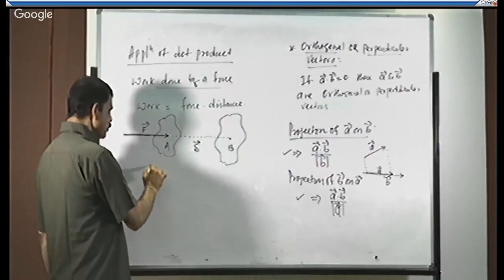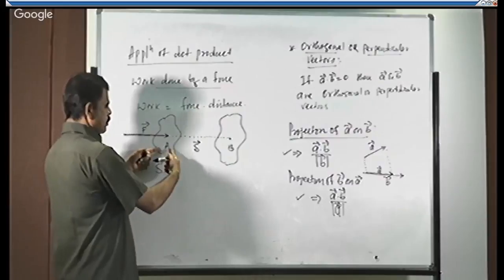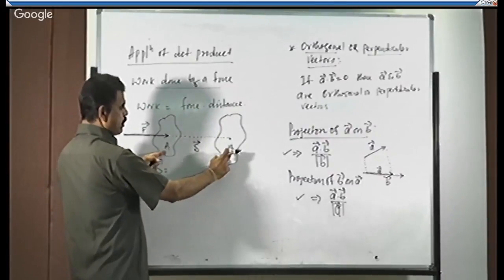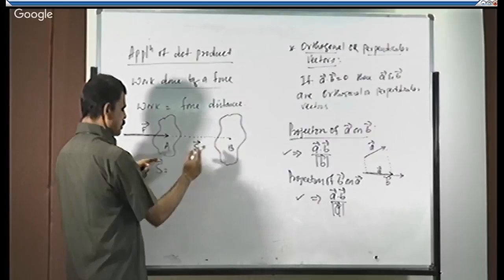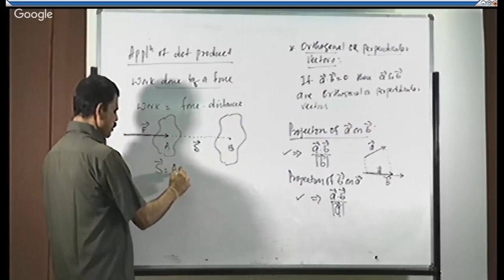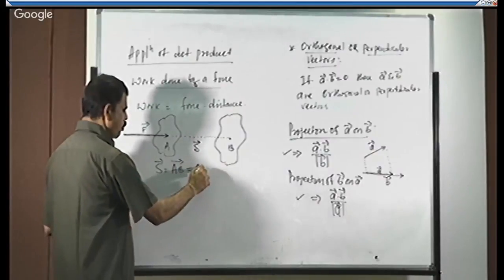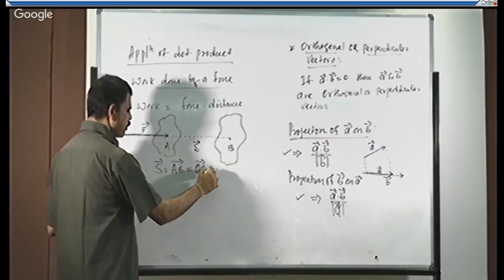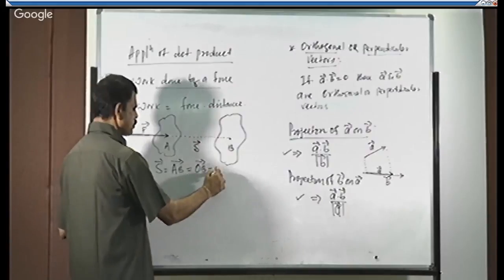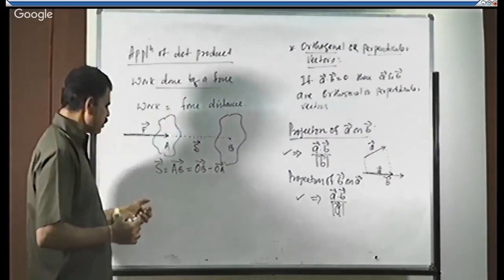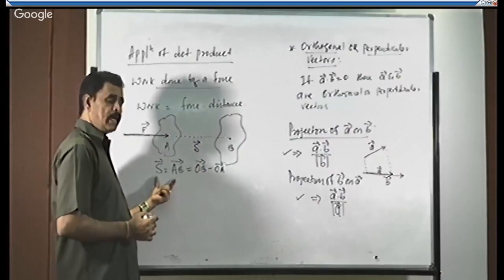What is S? S is the vector between two points, represented with the help of position vectors. So vector S is equal to AB, and AB is always OB, the position vector of the terminal point, minus the position vector of the initial point.